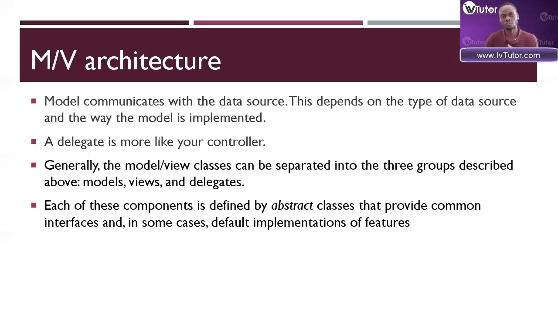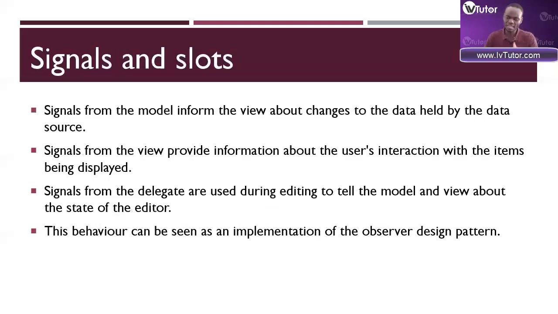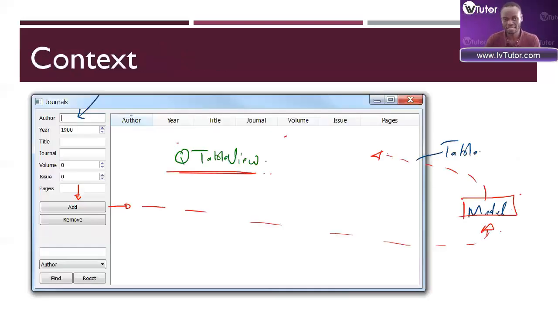So now let's talk about the communication that happens between your model, your view, and your delegate. And I said it's automatic, which means the most crucial thing to understand is, if you look here, the moment you click the add button, immediately it shows here. But behind the scenes, this data is not just being taken from here and being put on the view.